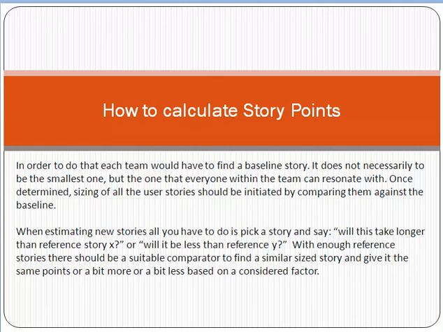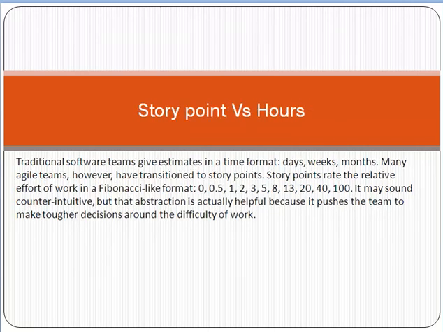So based on some relevancy, you can assign it some points showing how difficult it is. The difficulty level you can calculate by comparing it with some other requirement. Based on that, you can calculate the story points for that particular story. Normally we use the Fibonacci concept here.